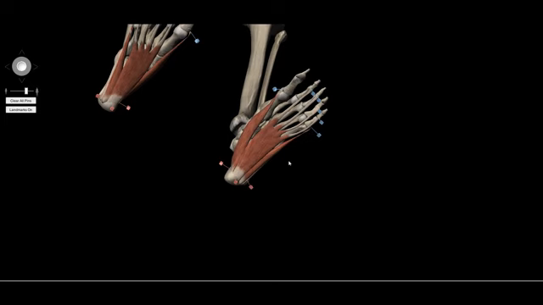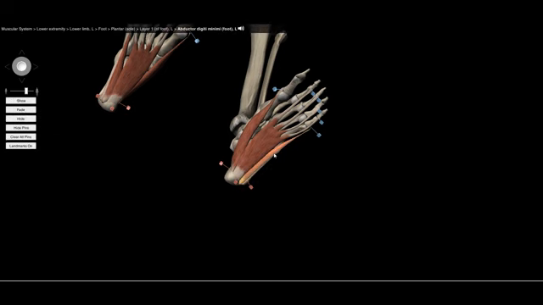We can look at the intrinsic muscles in the plantar surface of the foot in terms of the layers in which they reside. And the first layer of the plantar group is the abductor digiti minimi.